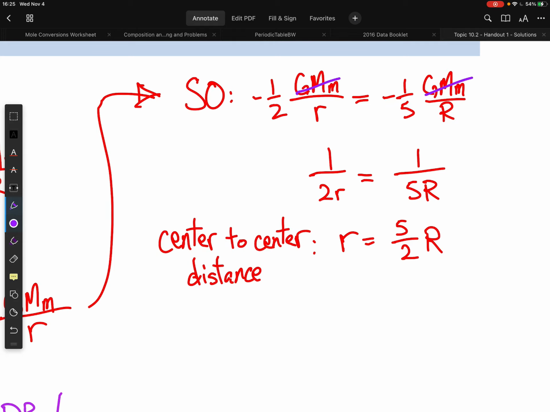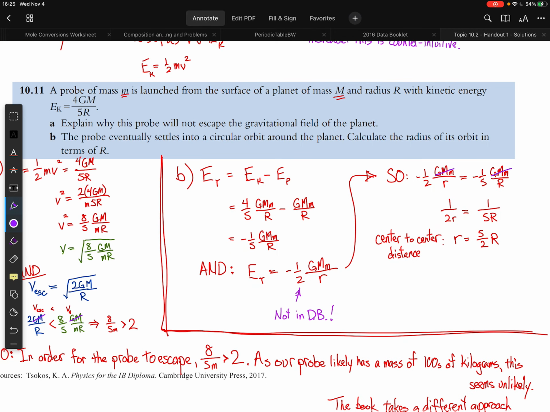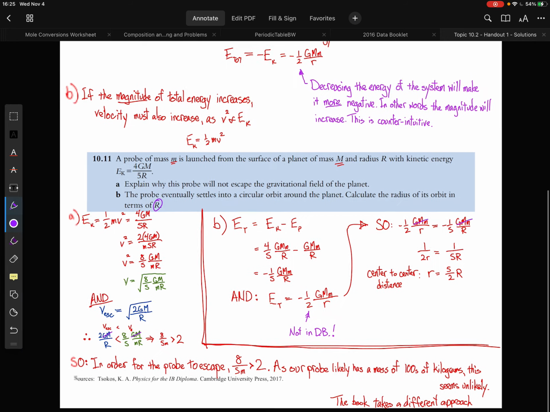What we're then left with is the center to center distance r is equal to 5 divided by 2 times r, which is just the variable that they gave us earlier.